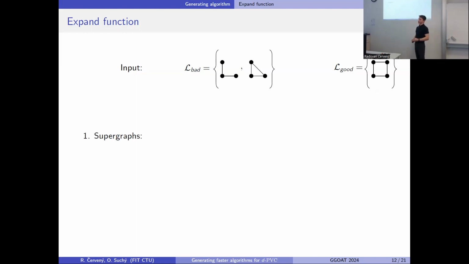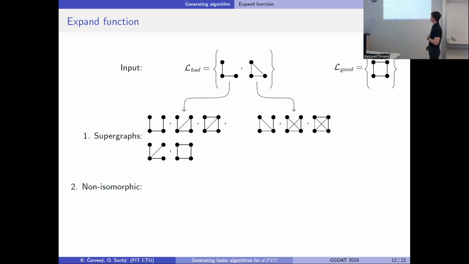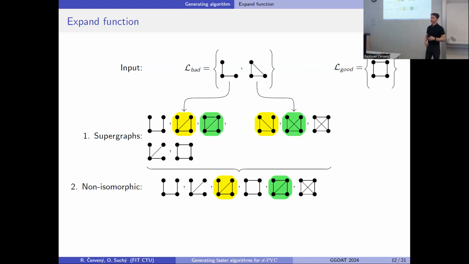So the expansion takes the bad list, and to each graph in the bad list, we will add a vertex in every possible way. By doing this, we will get some larger graphs, and we will just concatenate these lists, throw away the isomorphic ones, because we want just one occurrence of each graph in the list, and then we will throw away anything that is already handled by our good list.